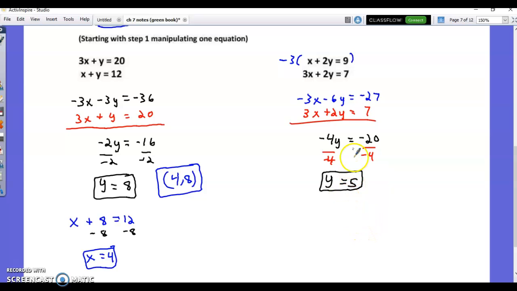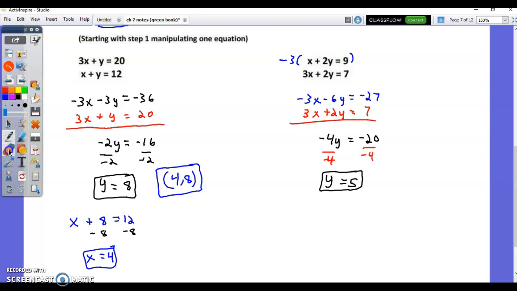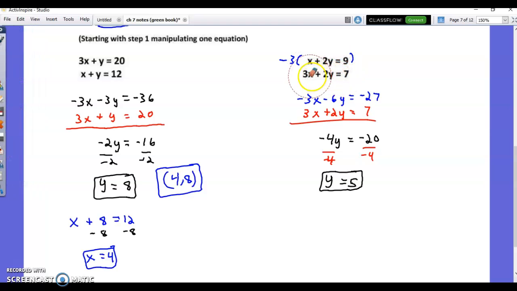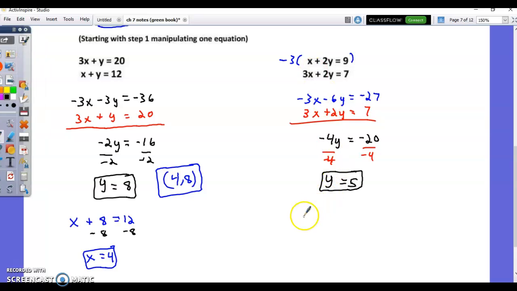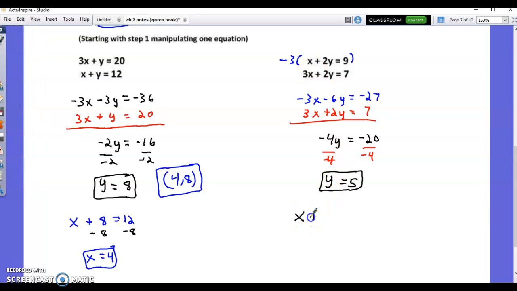Now I have to solve for my x. You can use any of the terms, right? You can use this problem or this problem right here. It's up to you. I'm going to use the x plus 2y equals 9. So let's go ahead and put the x plus 2, and then, did I say x plus 2 equals y? I meant 9.